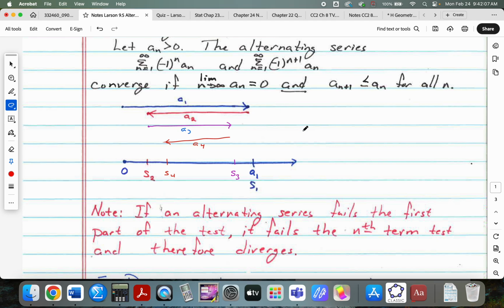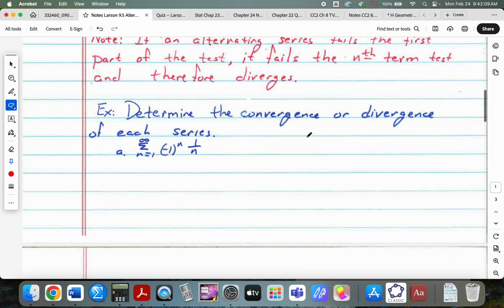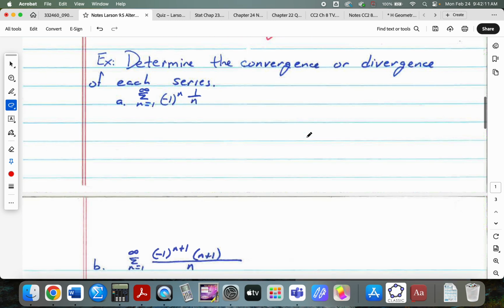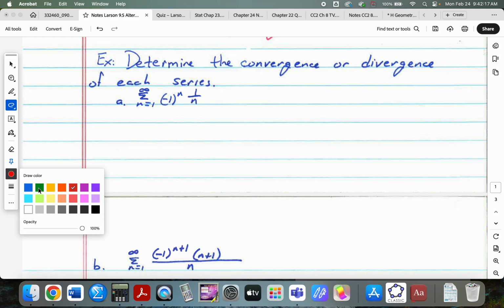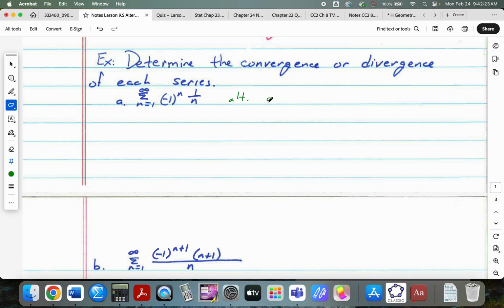All right, so let's take a look. Let's determine the convergence or divergence of each of these series. It's an alternating series. You should always state what type of series you're dealing with. The limit as n goes to infinity of 1 over n is equal to 0.